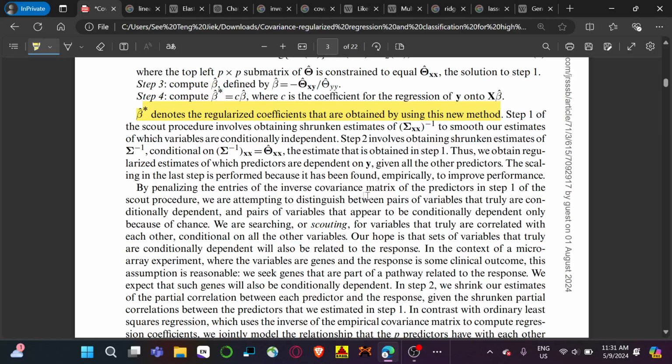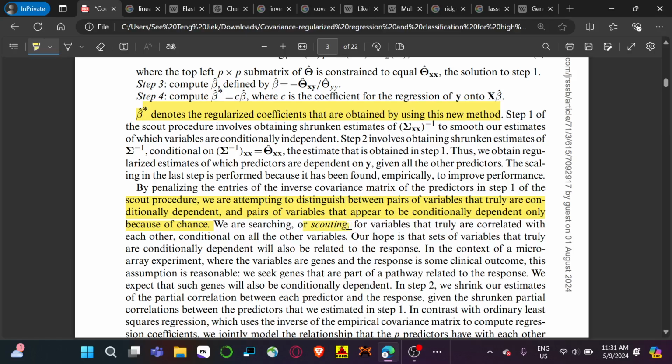By penalizing, we are attempting to distinguish between pairs of variables that are truly conditionally dependent, they are correlated, and pairs of variables that appear to be conditionally dependent because of chance. We are searching or scouting.